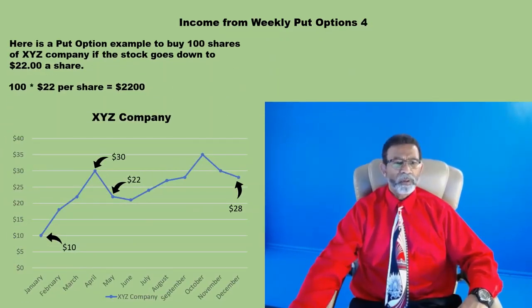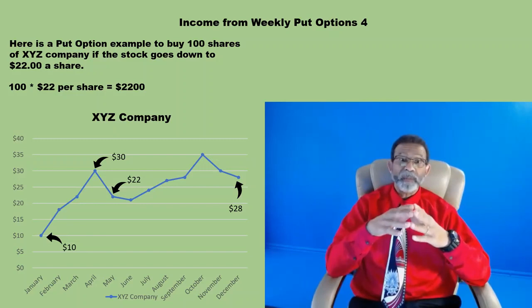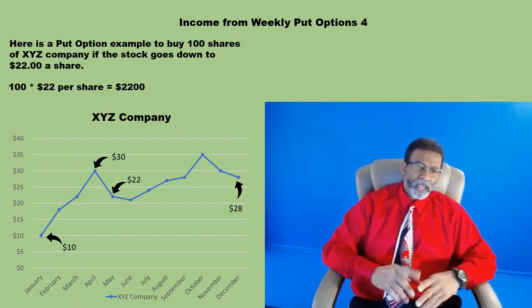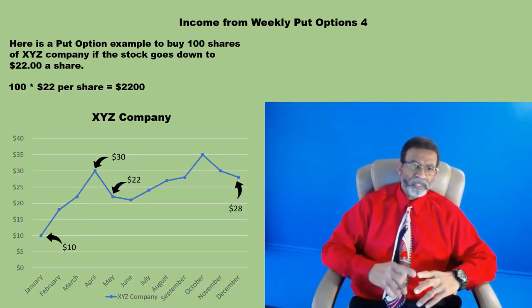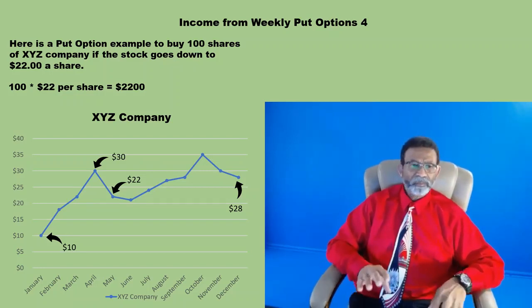Now, here is a put option example where you can see how XYZ company has different price points: $10, $30, $22, $28.